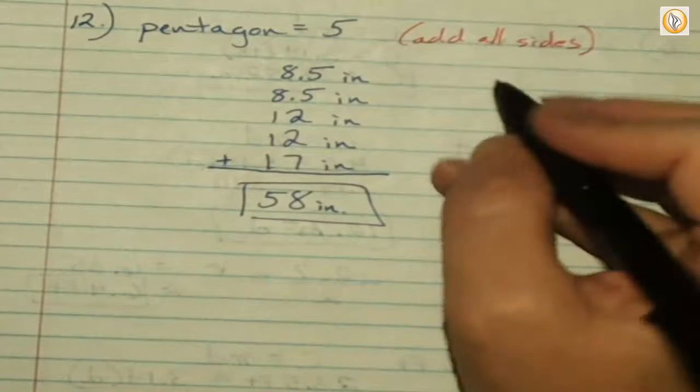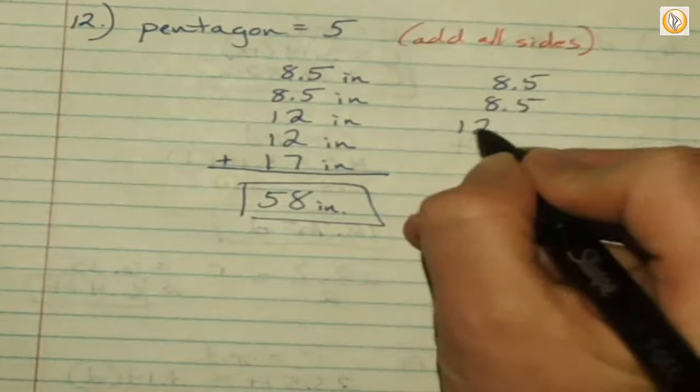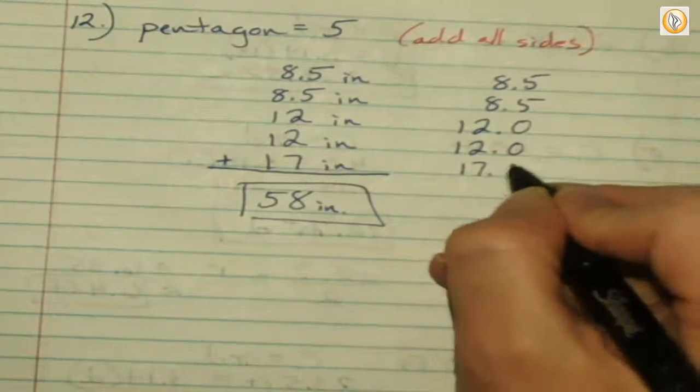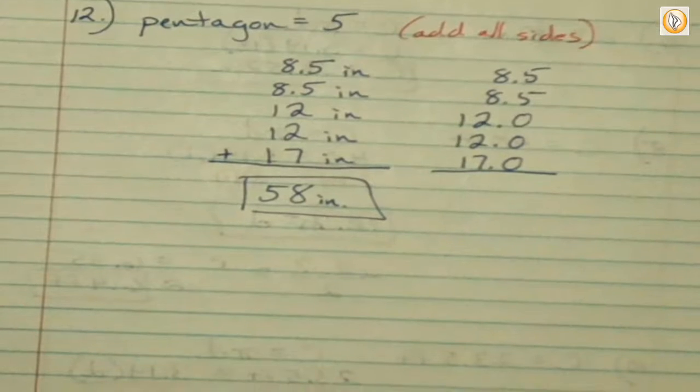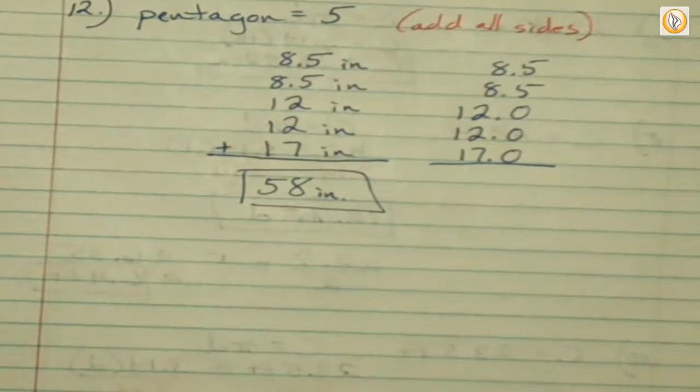And if you're doing this by hand, make sure that you do 12.0 because that's a whole number. If you didn't do that, then you might get a bad answer. Any questions?